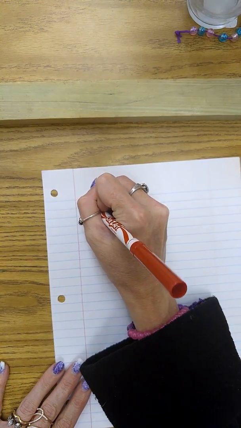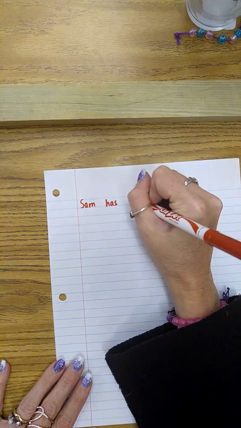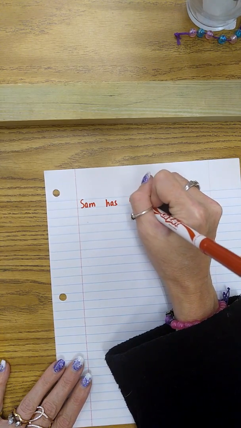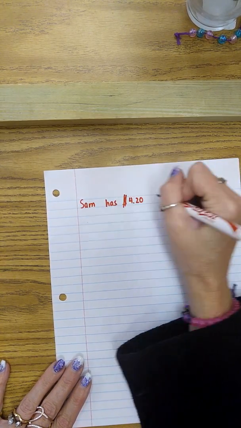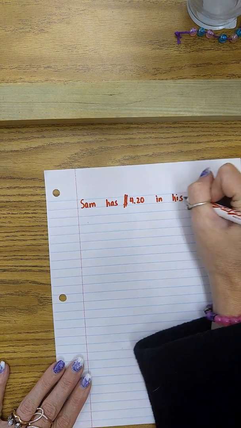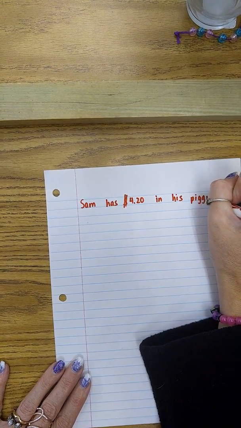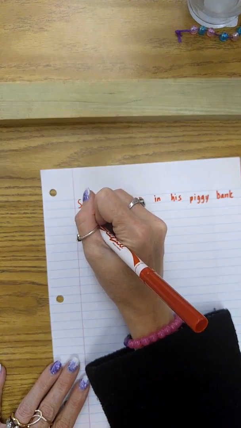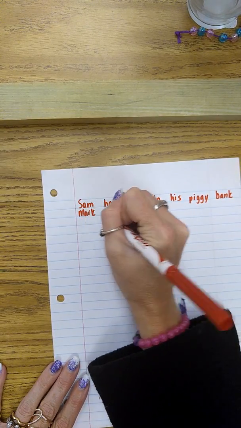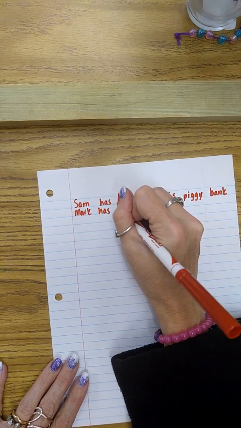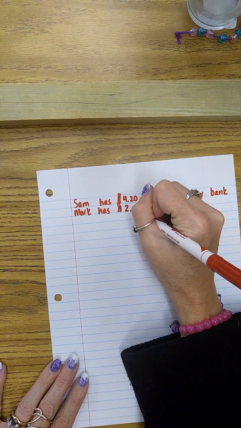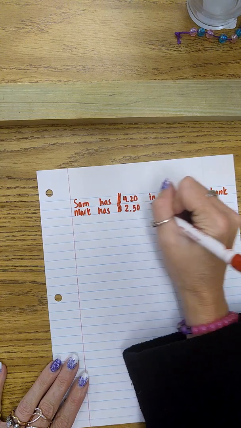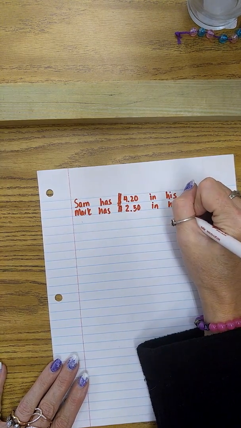So Sam has $4.20 in his piggy bank. Mark has $2.50 in his piggy bank.